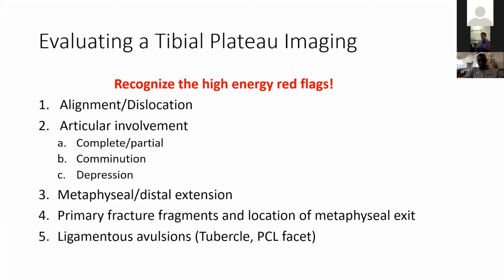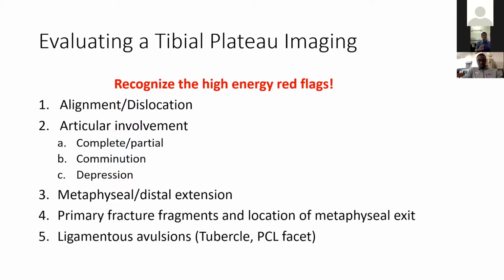You characterize where your main fragments are, where your comminution is, and where your intact joint, if any, is left. Then, like I was referring to earlier, you look at the metaphyseal extension, both where the exit points are and how far down it goes, because that dictates the length of your plate. And then primary fracture fragments and location.